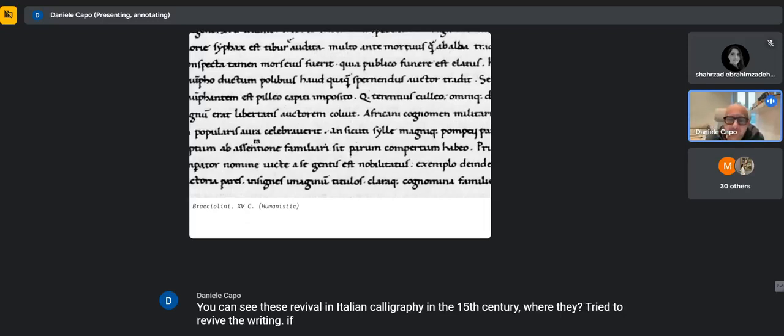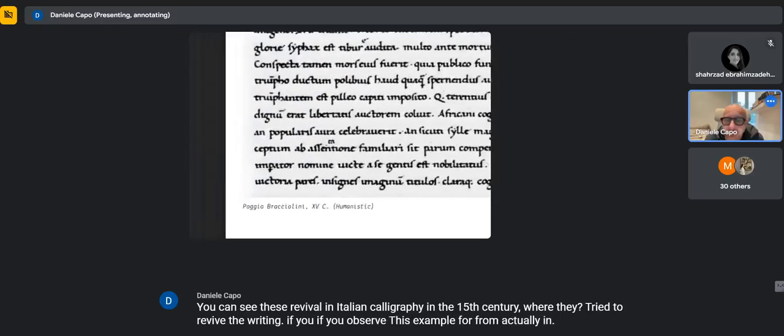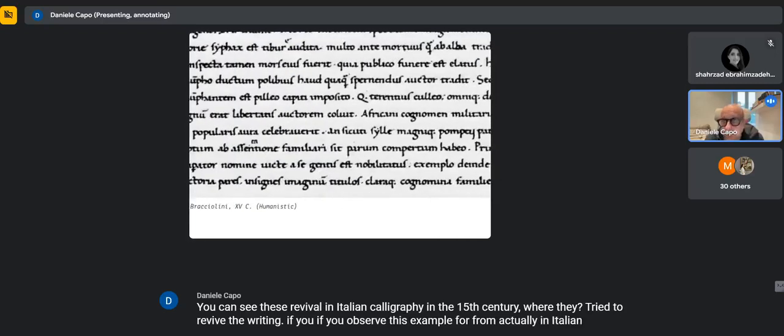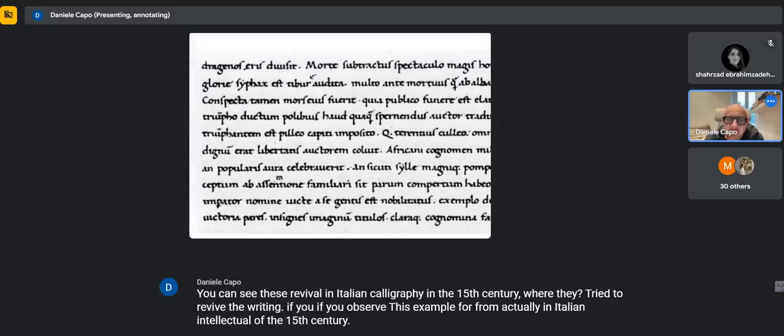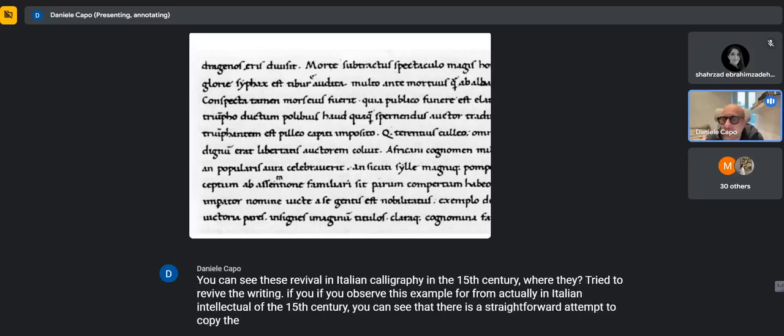If you observe this example from Poggio Bracciolini, an Italian intellectual of the 15th century, you can see that there is a straightforward attempt to copy the style of Carolingian minuscule.